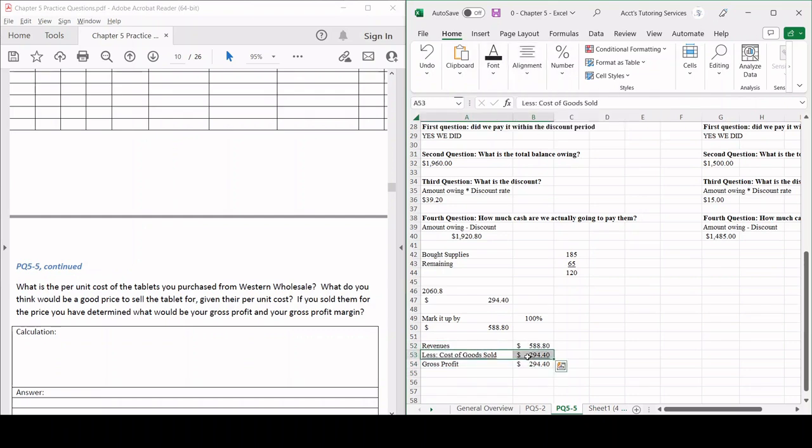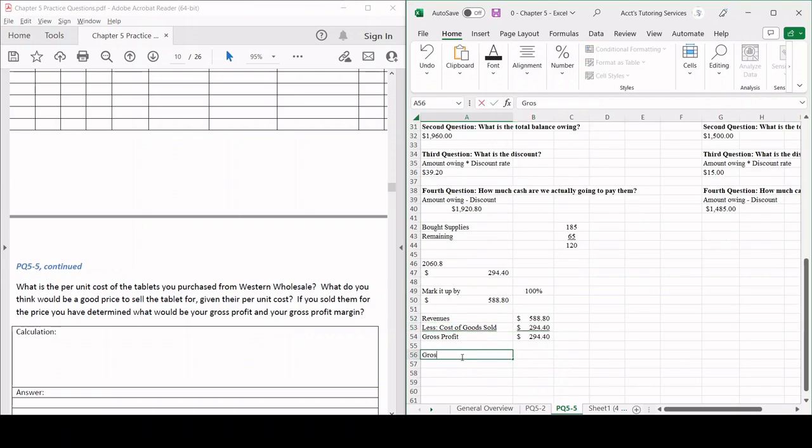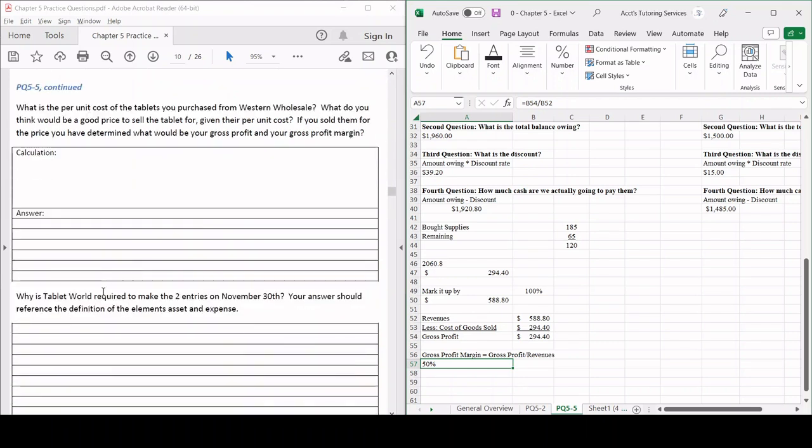So to calculate the gross profit margin now, this is going to be gross profit divided by revenues. So simply put, we're going to take the 294.4 gross profit divided by revenues, 588.80, to get the gross profit percentage of 50%. If this confuses you, don't worry about it. We will come back to this in a later video and redo it.